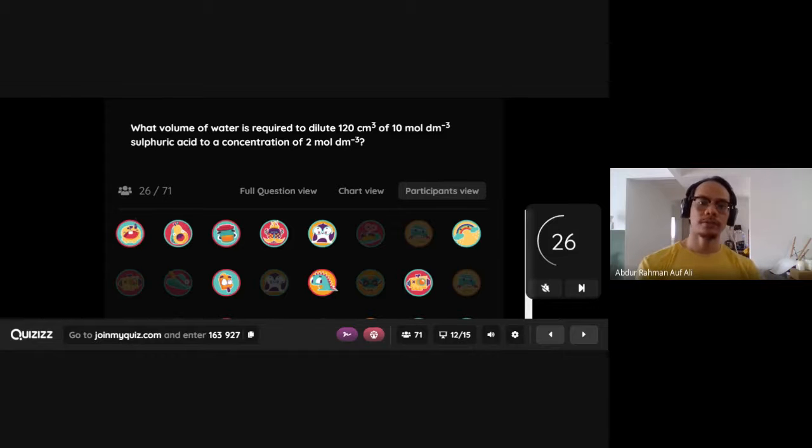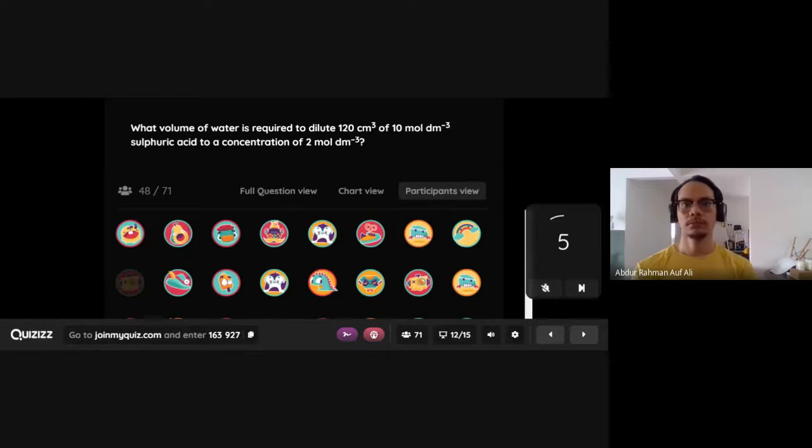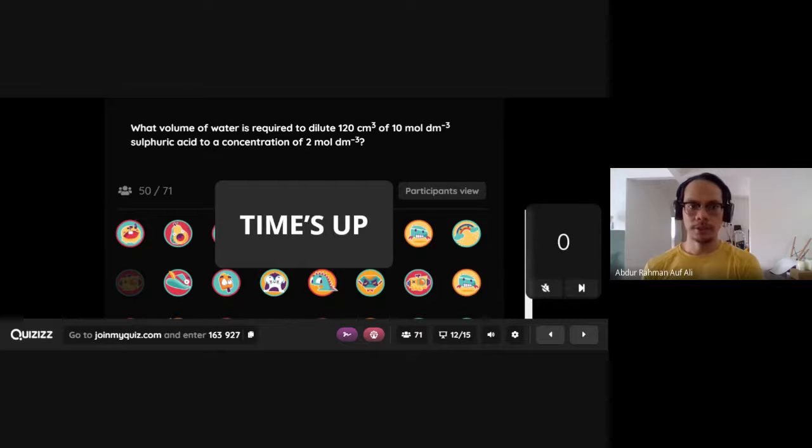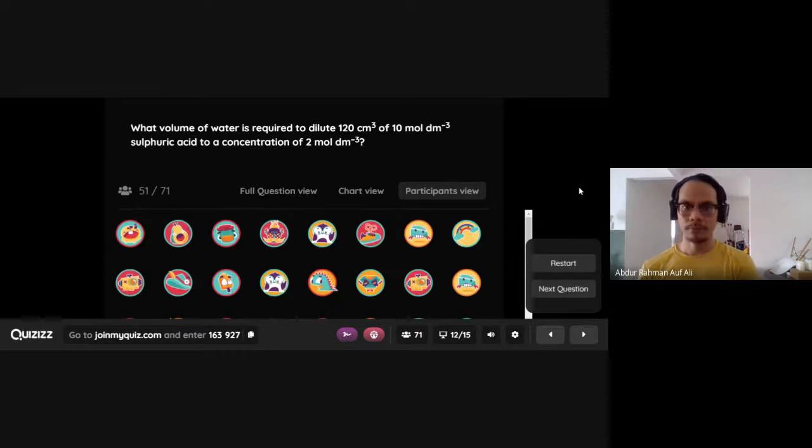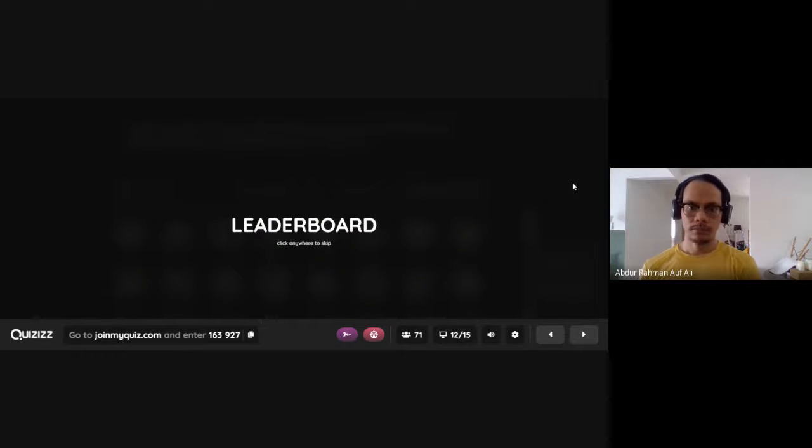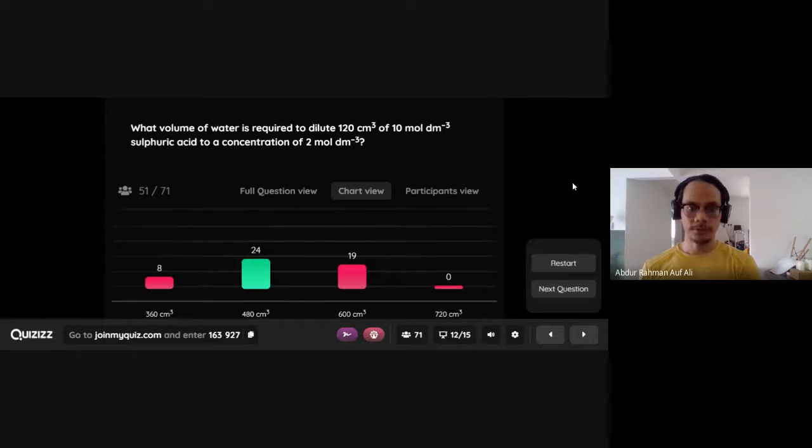Identify which is M1, V1, M2, and V2. Okay, so jawapan yang betul is 24. Half of you got it right, the other half got it wrong.